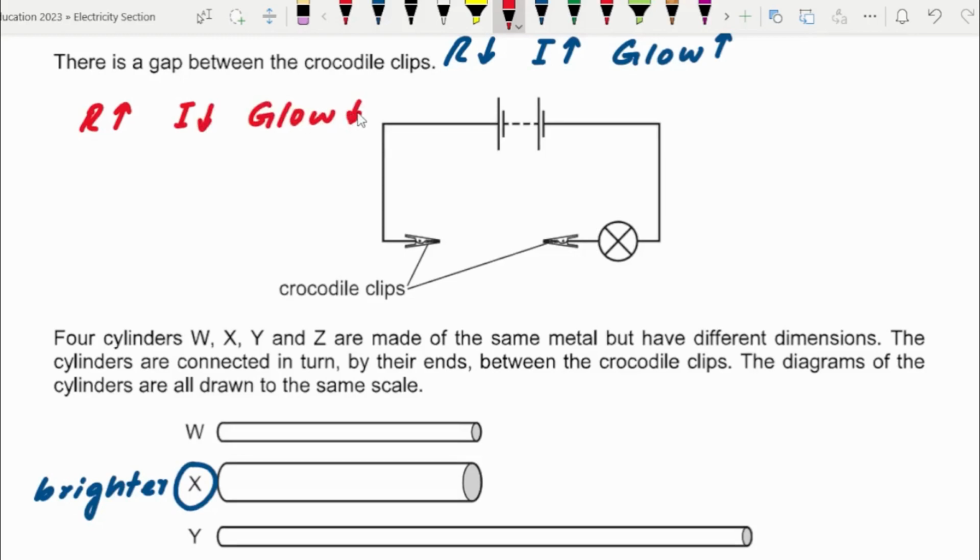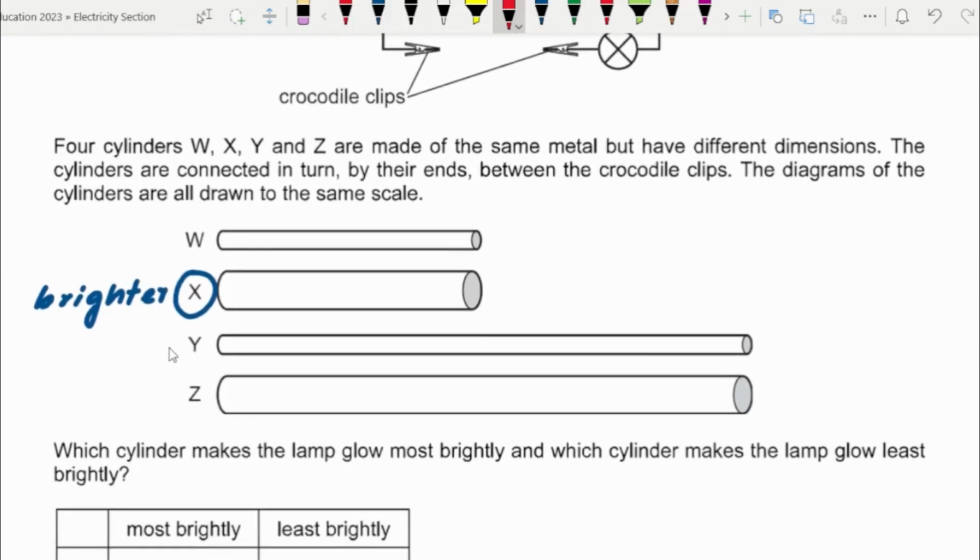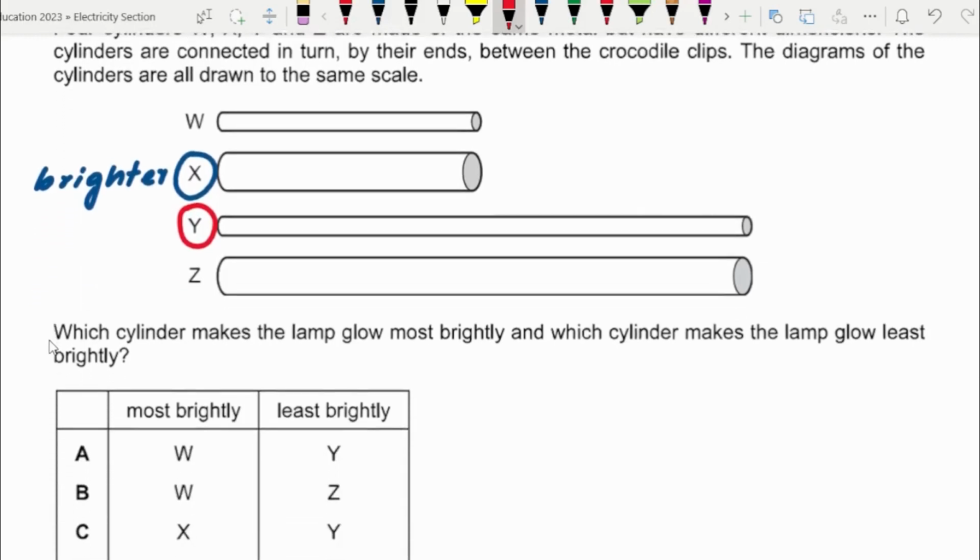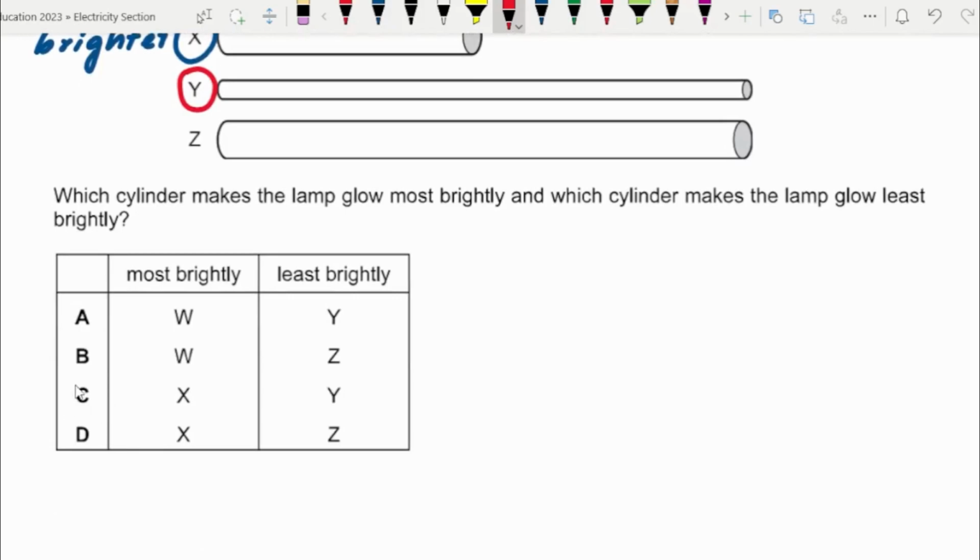So for the highest resistance, we gotta choose the maximum length, so it can be Y or Z, but we have to choose the lowest thickness. We have to choose lowest cross-sectional area as well, so it would be Y. So X for highest brightness and Y for lowest brightness.